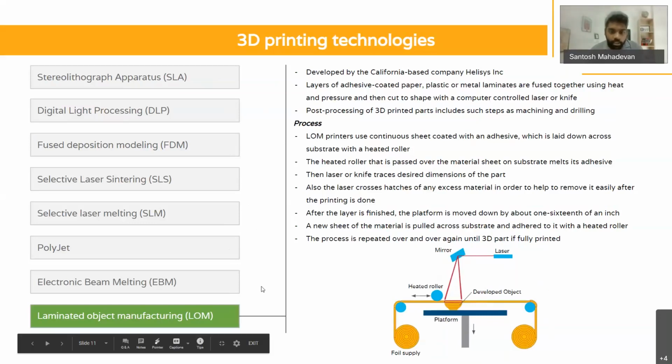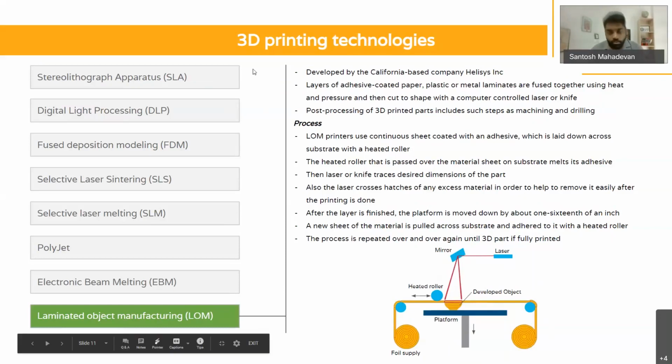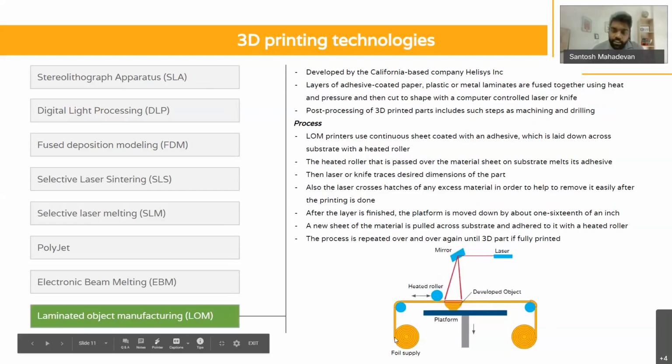LOM, or laminated object manufacturing, does not use material that looks anything close to the other methods. And the reason this is called laminated object manufacturing is because it uses a sheet, right? A sheet or a laminate that starts off from a supply point up to an end point.